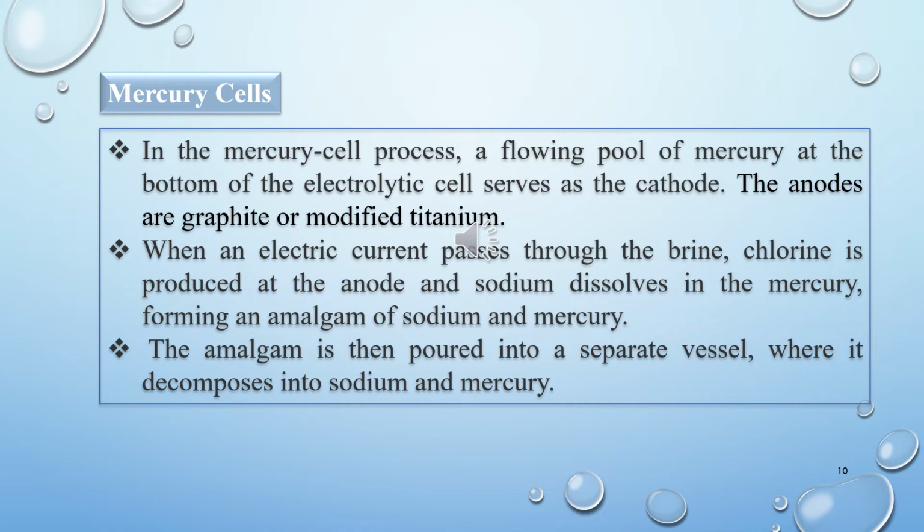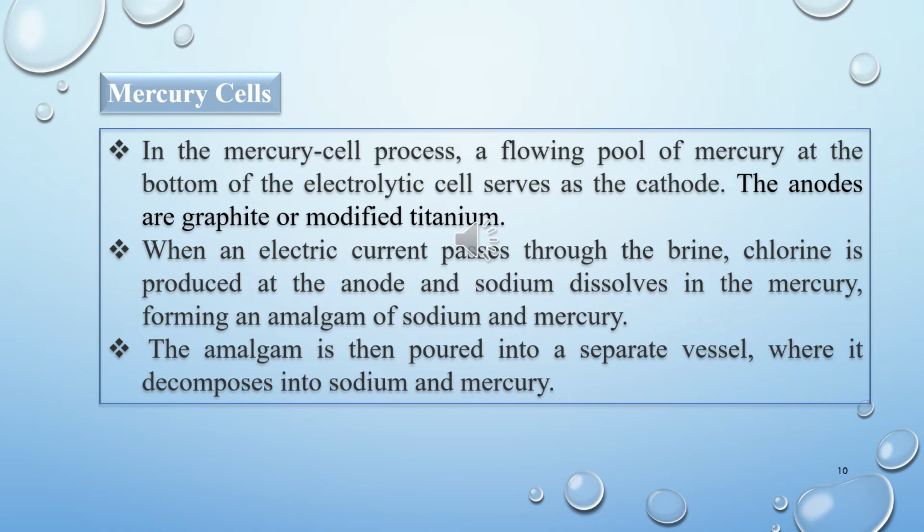The amalgam is then poured into a separate vessel where it decomposes into sodium and mercury. What is the meaning of these 3 points? In the first point, he said that in the mercury cell process, the flowing pool of mercury at the bottom acts as cathode.